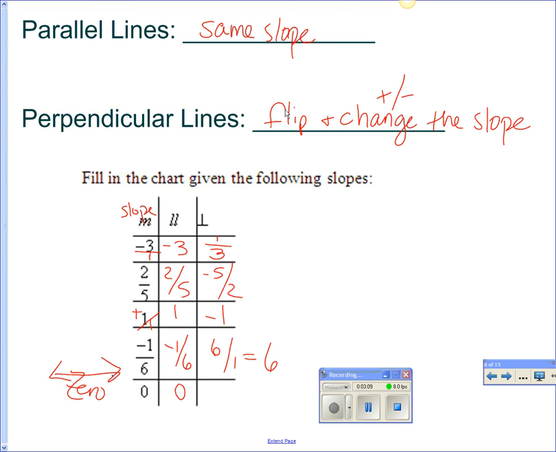Zero slope. Perpendicular would go like that, straight up and down. What kind of slope is that? Anybody? No slope. So you need to be careful. Zero slope turns into no slope.